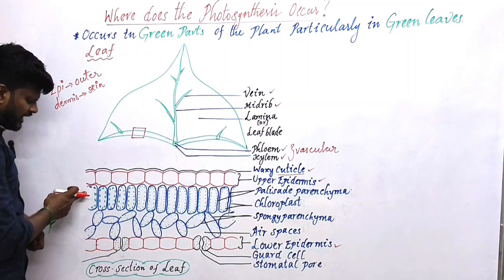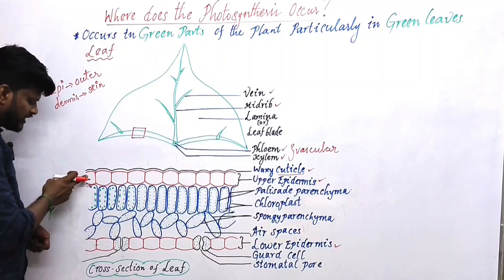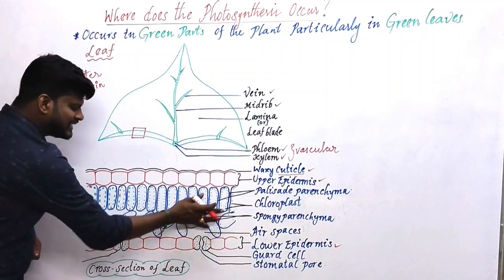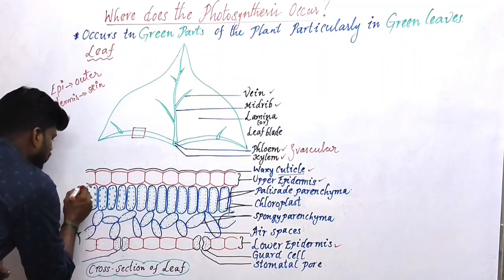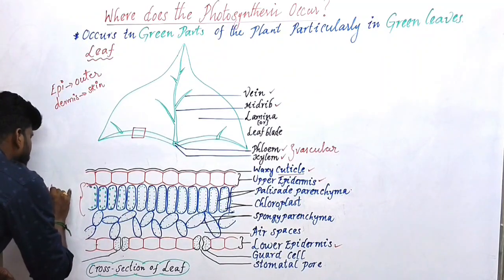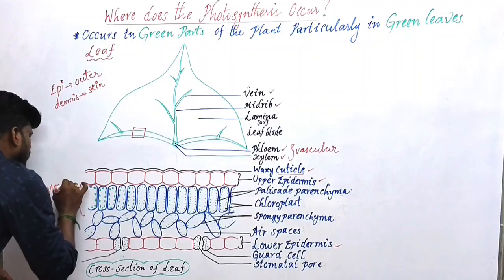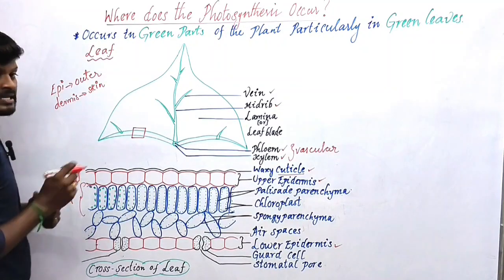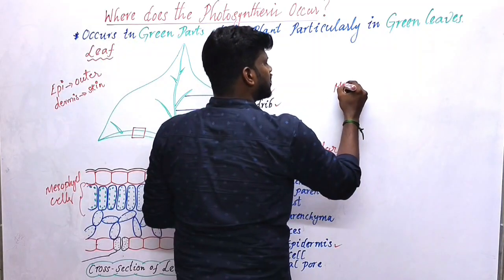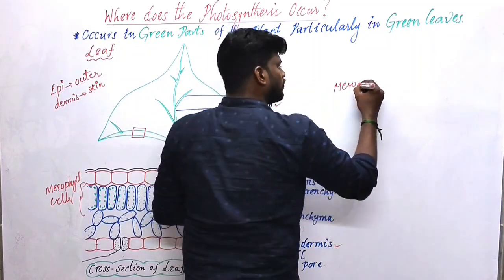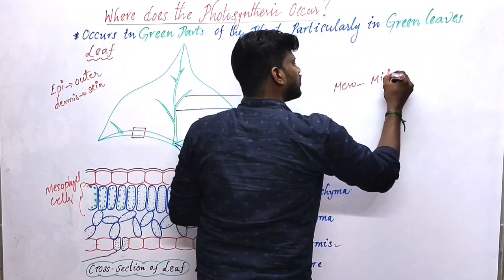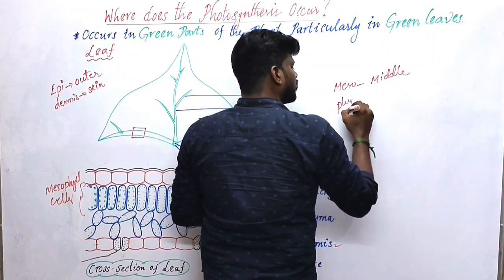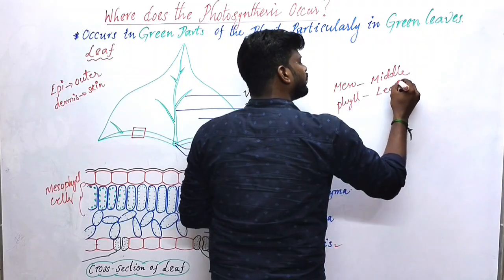So coming to upper and lower epidermis, then we have certain cells between the upper epidermis and the lower epidermis, right? So all these cells are in general known as mesophyll cells. See, meso, M-E-S-O, meso means middle, and phyll means leaf.